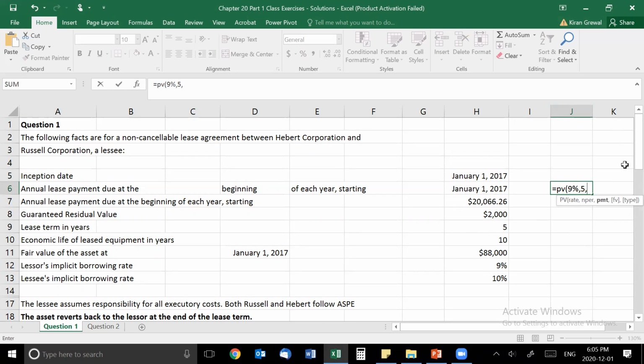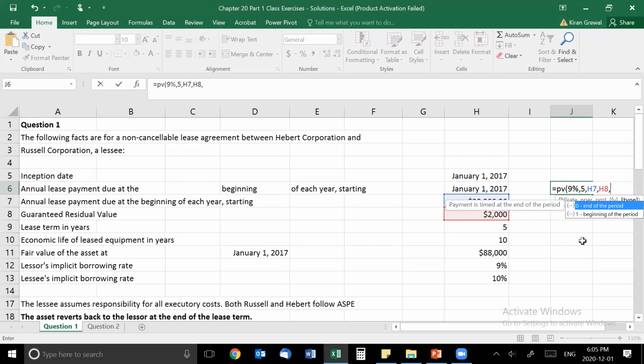Our PMT is what our payment is every year, so 20,066. Again, it does not include any other costs, so we don't have to subtract those out. And our future value, we have a guaranteed residual value. That will be our future value of $2,000. And then the type, it's asking, is it end mode or beginning mode?